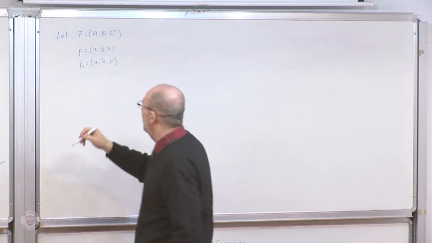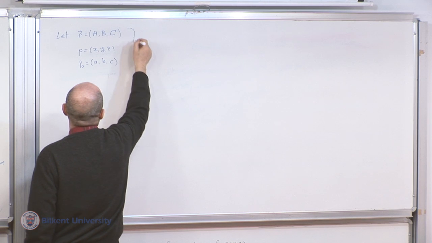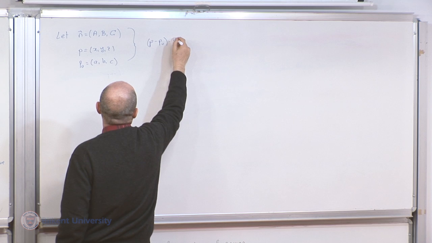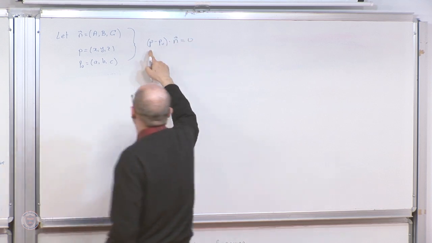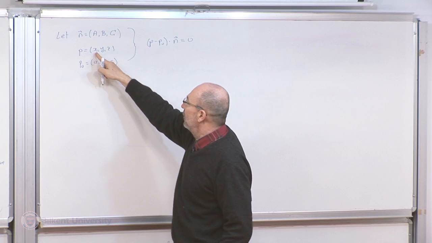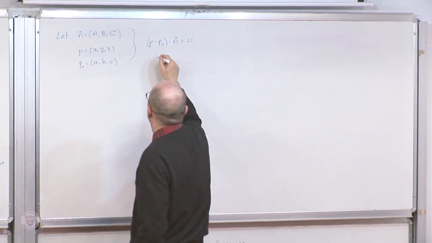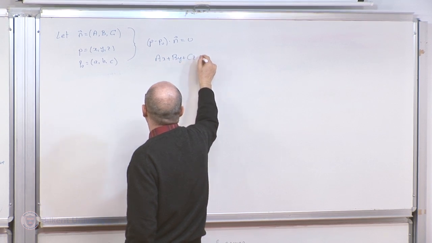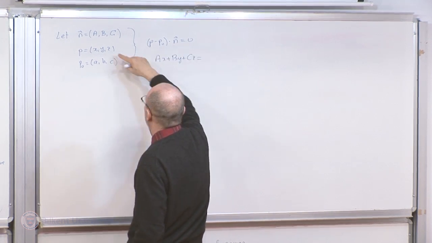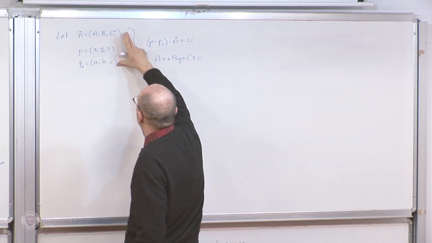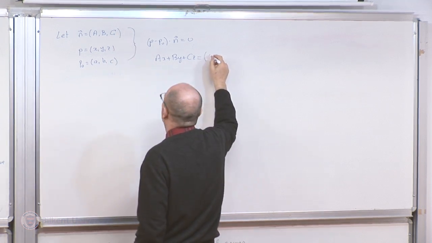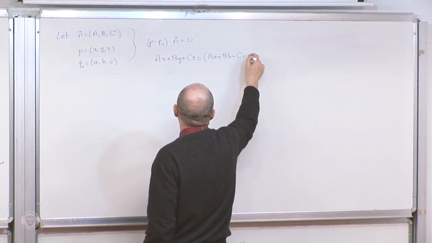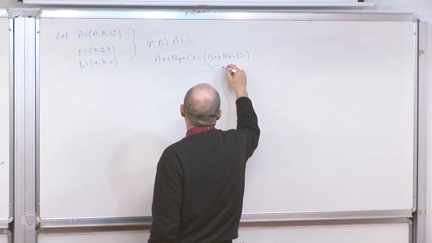Now I write P minus P sub 0 dot n equals 0. This gives me P dot n, this times this: A x plus B y plus C z equals, taking this to the other side, this times this. So here I have a number, A plus B plus C. We call this D.